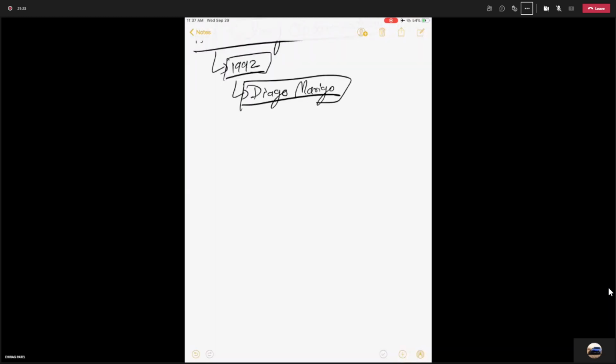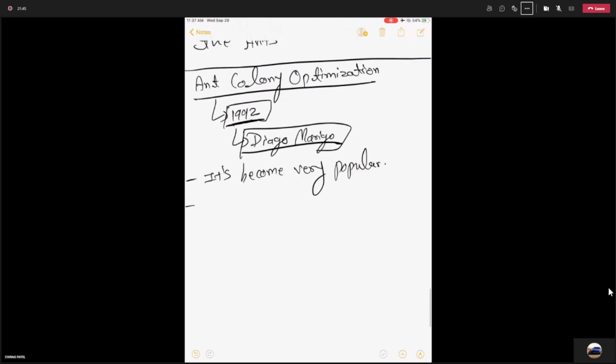This is a person, I think. Assume that this is the correct name. After this algorithm was reported in 1992, it became very popular. And if you look at the application of finding the shortest path in graphs, it has a great amount of application.